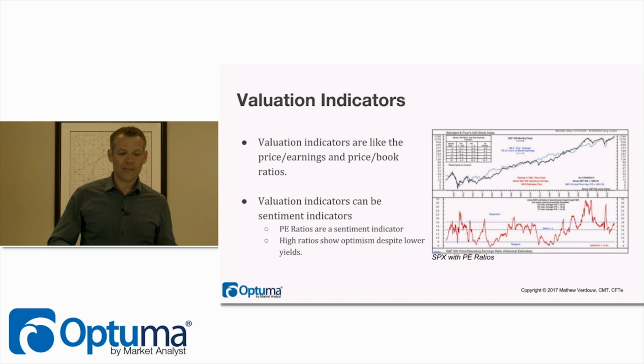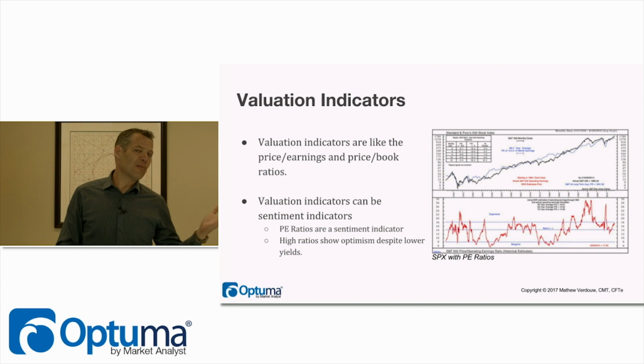Valuation indicators. So this is like price per PE ratios and price to book ratios and things like that. So Ned Davis will use these in their calculations. Valuation indicators can be great sentiment indicators. The PE ratio, basically, those high values, it shows optimism despite lower yields. So if the yields are dropping, you would think that fundamental analysts would be saying, let's get out of this position, we don't want to be in there, and the price drops.